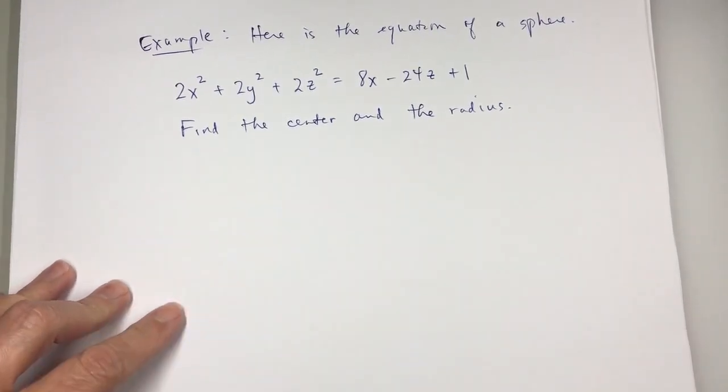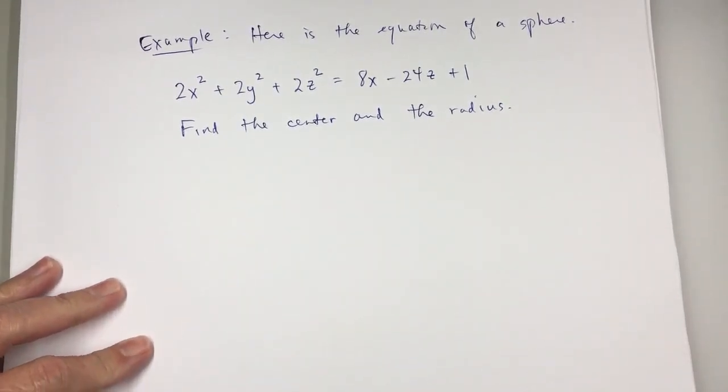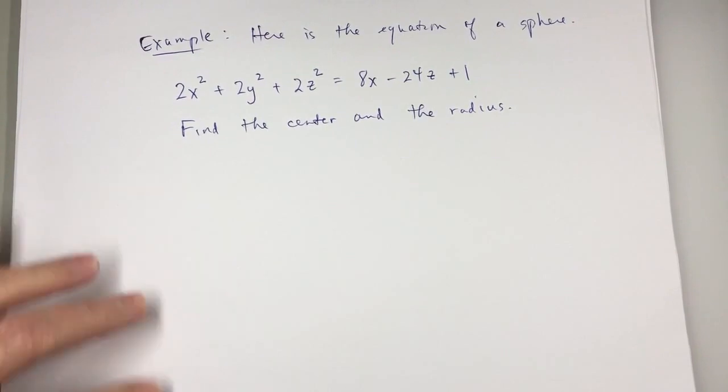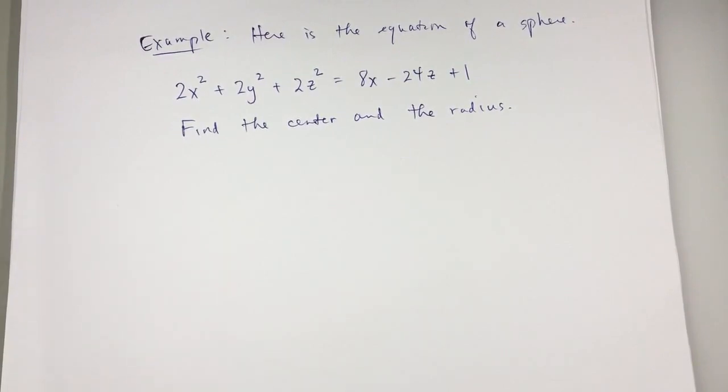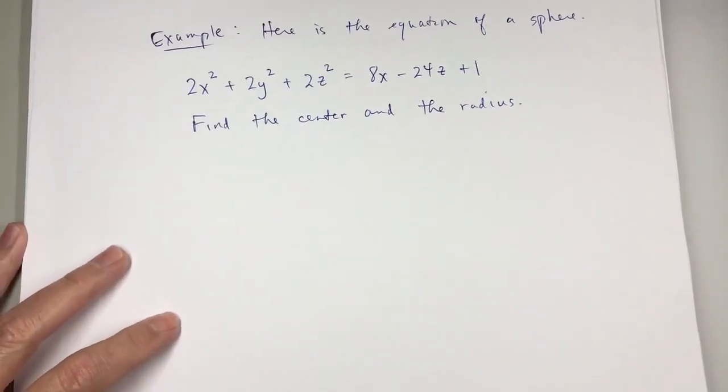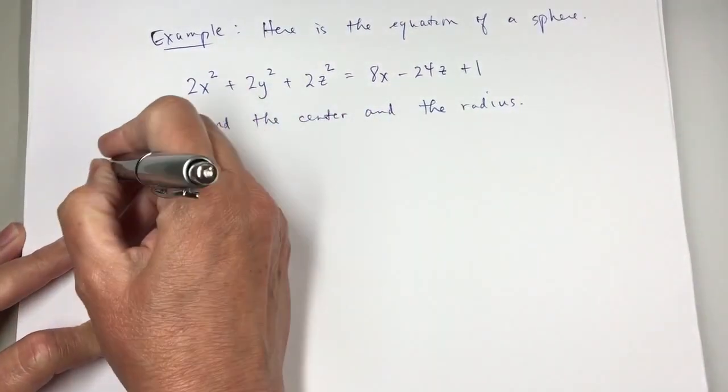One thing you could do to determine if it's a sphere is try to get it in the standard form. I don't know if they call it standard form or not. Get it in that form that I mentioned yesterday. So let me write this.